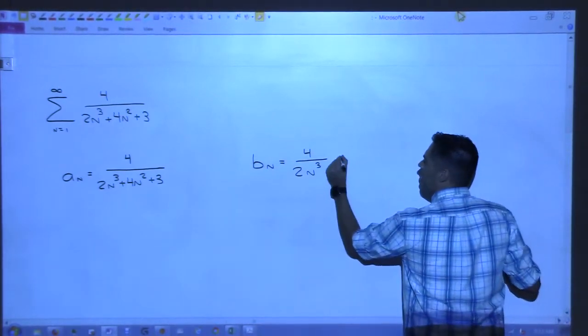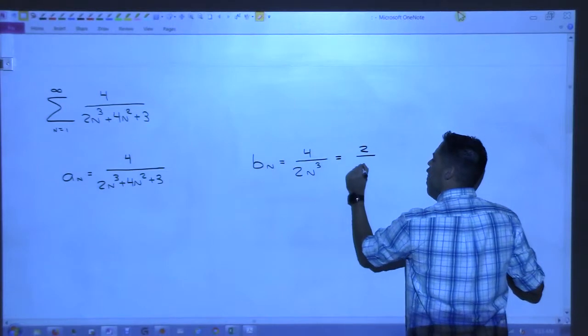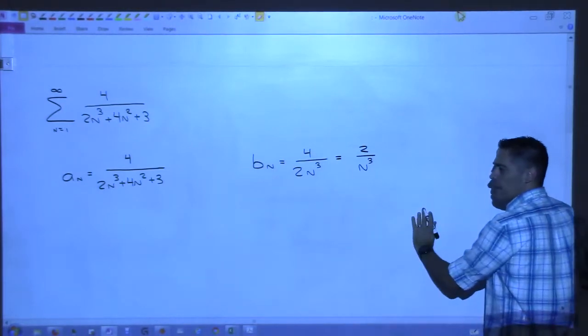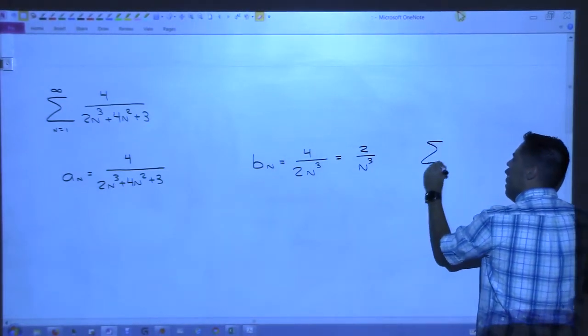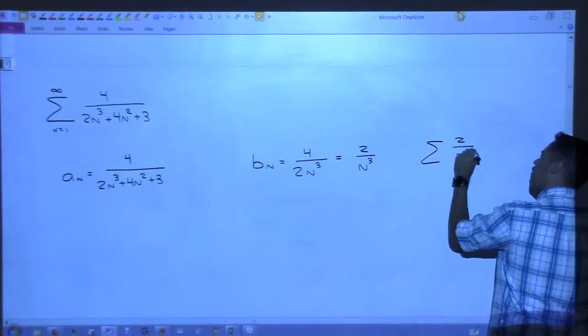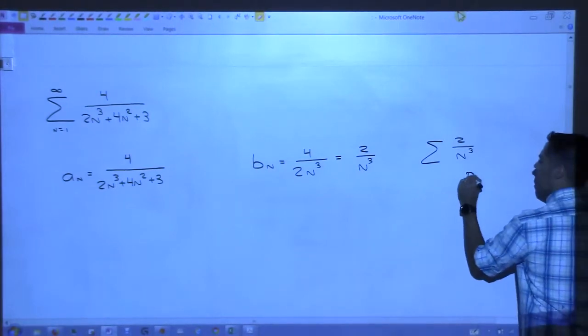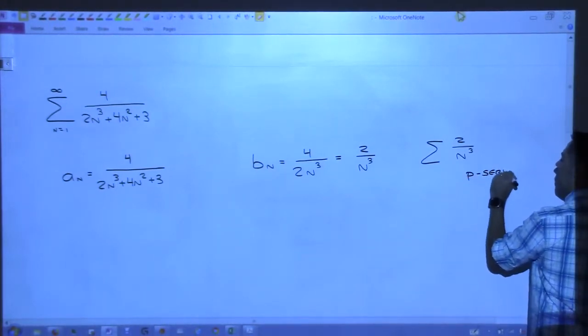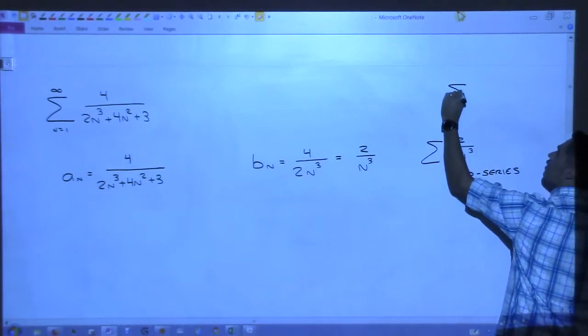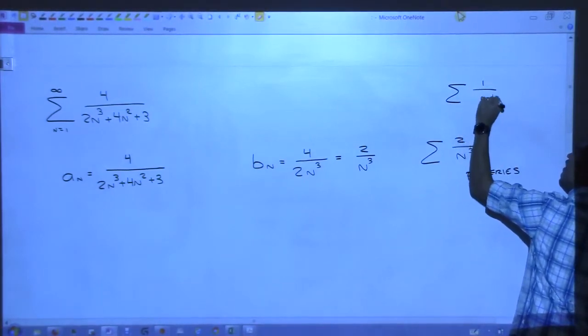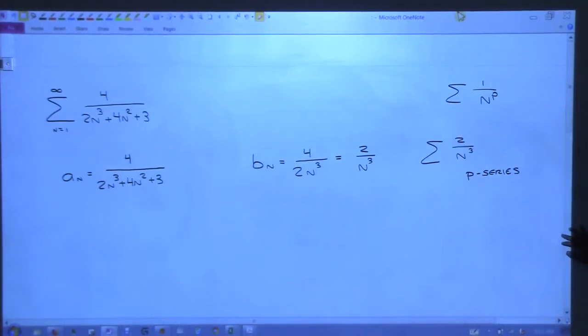So first of all, let me clean this up. Isn't this 2 over n cubed? Written in a series, 2 over n cubed, what type of series is that? It's a p series. That's what we ended class with last time: 1 over n to the p.